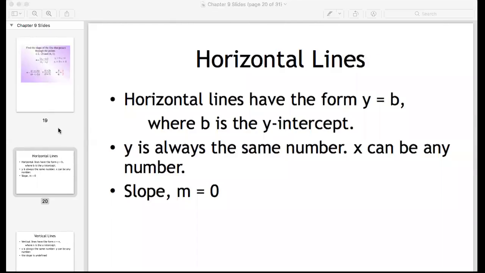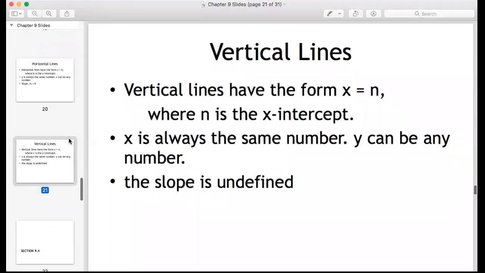On the flip side, if we do a vertical line, you might end up in the opposite situation where you have 2 divided by 0. We've talked about this one before. You cannot divide any number by 0.